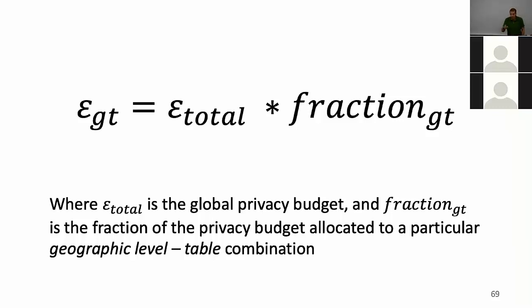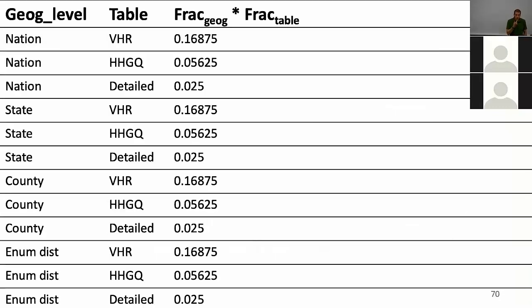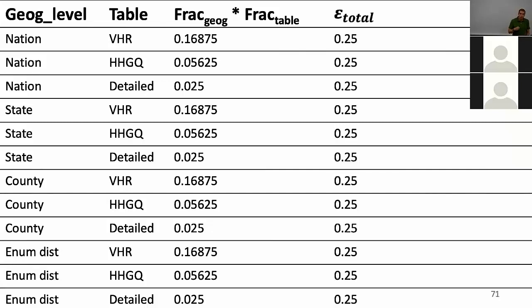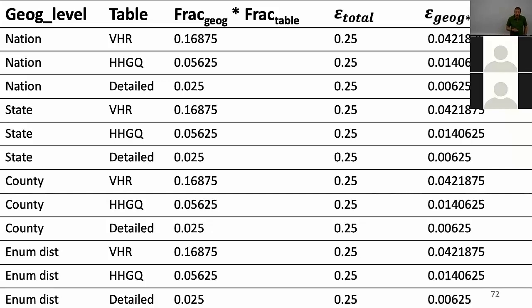So what does this look like arithmetically? Here, revisiting the table I had shown earlier, we have a set of geog level table combinations, and we have the fraction assigned to each of those. We choose a global privacy budget. In my example, we have a privacy budget of 0.25, and we simply multiply the geog table fraction by that global privacy budget to get the epsilon geog table value.